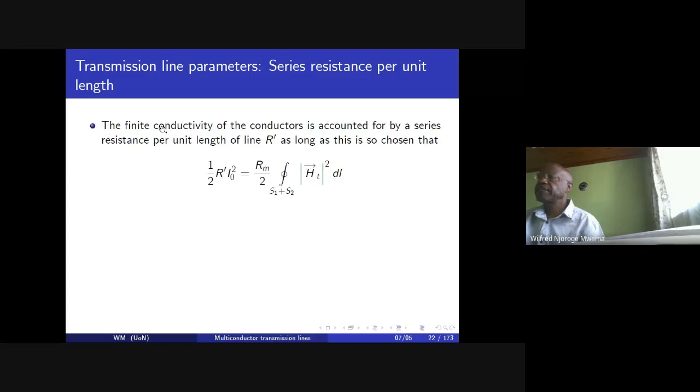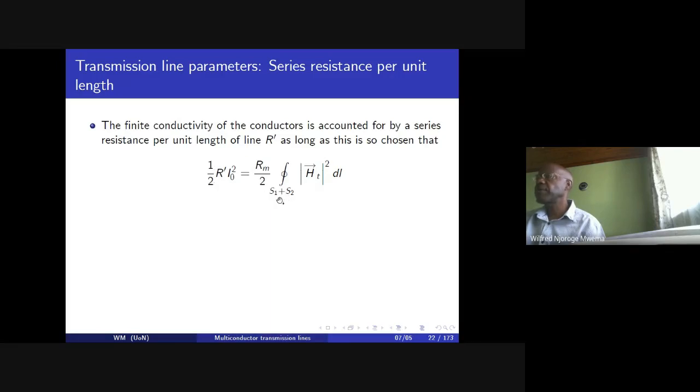And the finite conductivity of the conductors will be accounted for by a series resistance per unit length of line, which is R prime, as long as this is chosen such that the total power dissipated in that series resistance per unit length is equal to the total power loss due to the finite conductivity of the conductors.